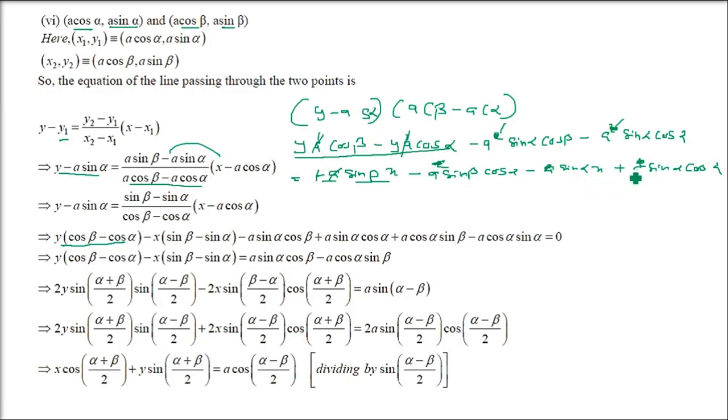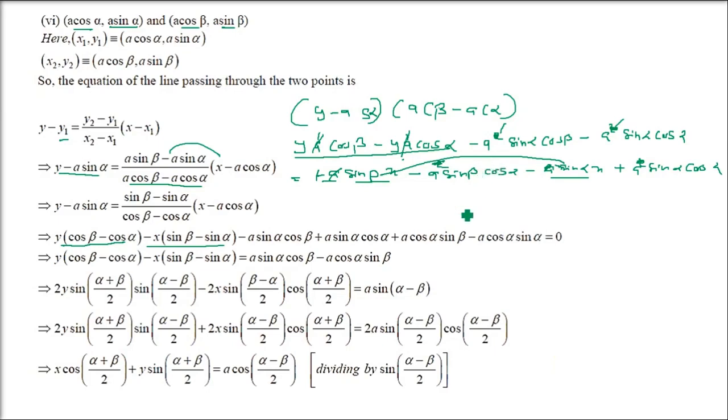So I am taking the x and y terms on the left hand side. And what else are we going to get? We get A sin alpha cos beta and A sin alpha cos alpha, and on the right hand side we get A cos alpha sin beta and A cos alpha sin alpha.